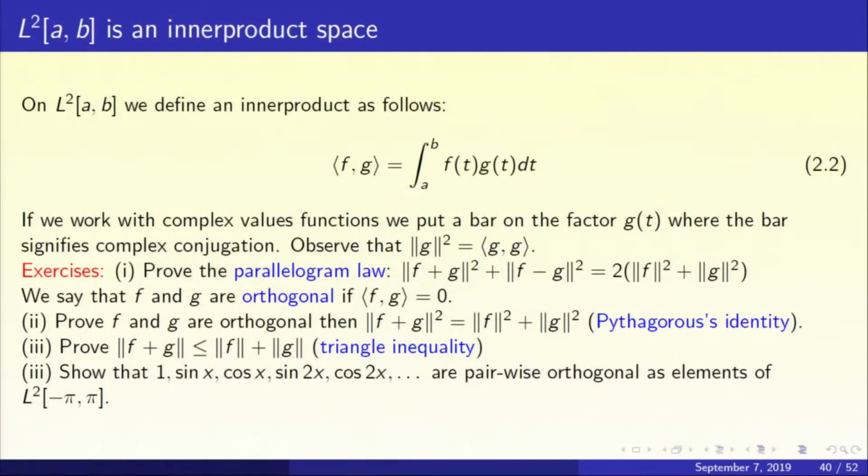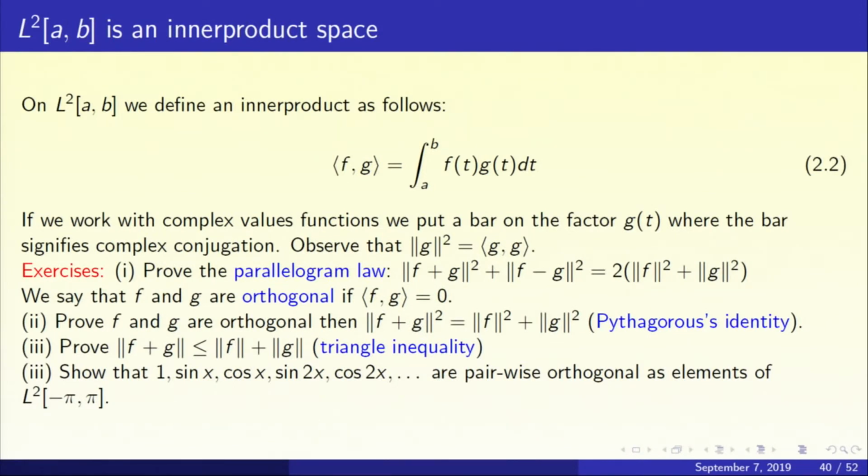So, if you have a parallelogram ABCD, then you know that AB squared plus BC squared plus CD squared plus DA squared is twice AC squared plus twice BD squared. The sum of the squares on the four sides of the parallelogram equals the sum of the squares on the diagonals.